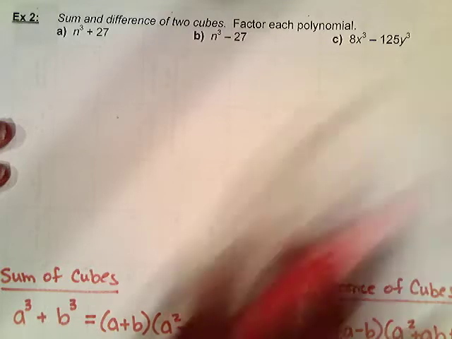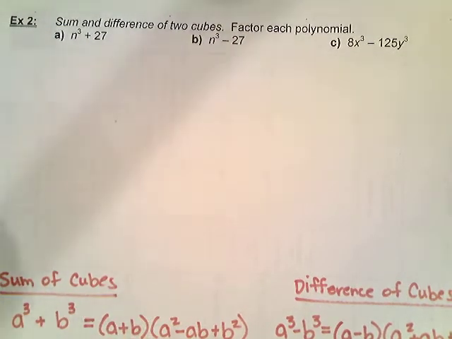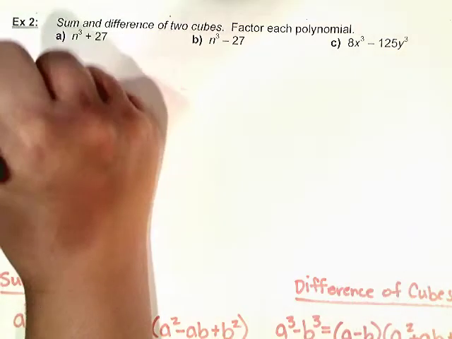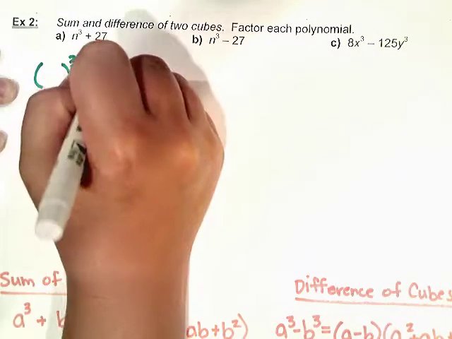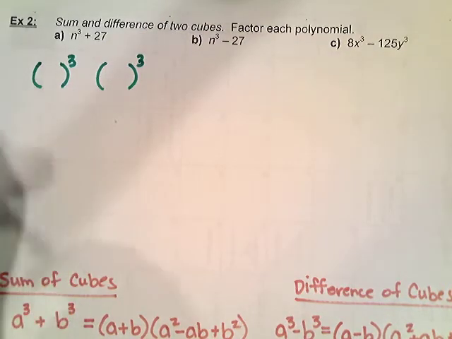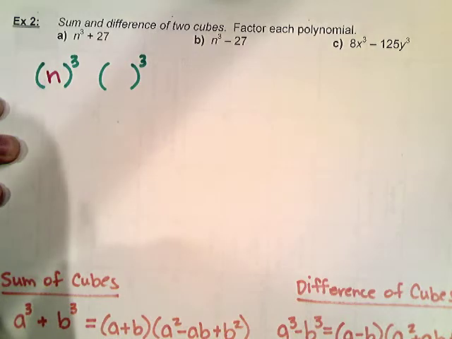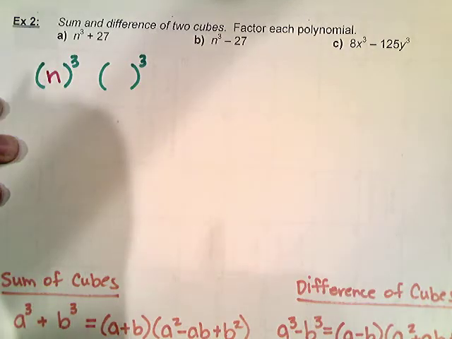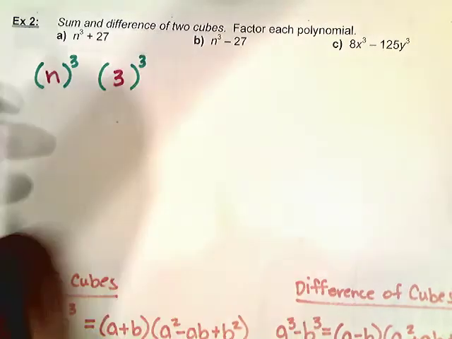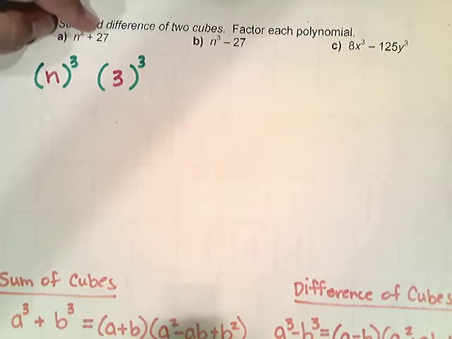So example 2 part A, we have n cubed plus 27. Just like before, we're asking ourselves, can we write this as something cubed and something cubed? Yes, we can. We can write it as n cubed, and we can write it as 3 cubed. Then we can look at the original sign to determine which formula we're going to use, the sum of cubes or the difference of cubes.